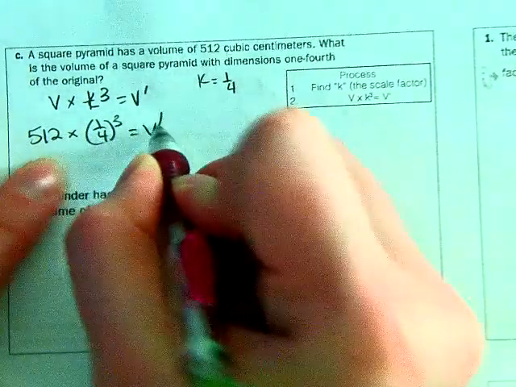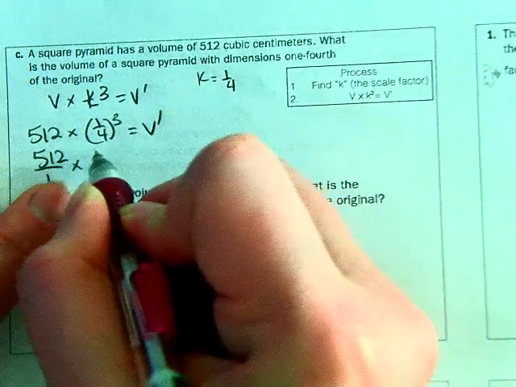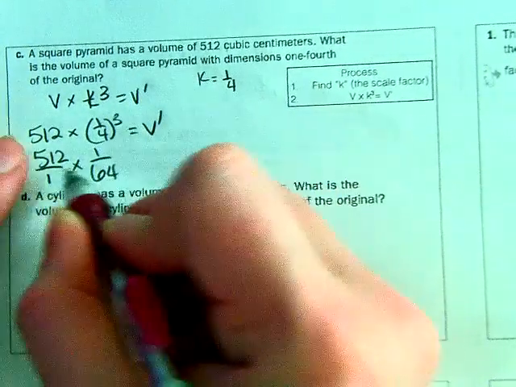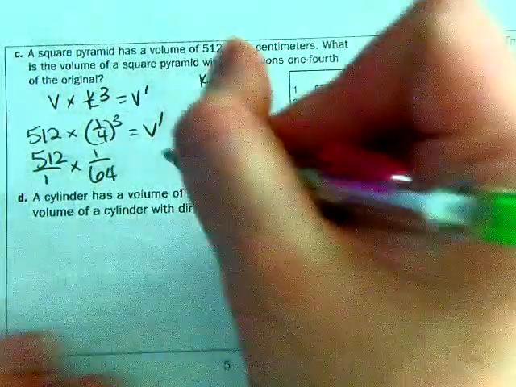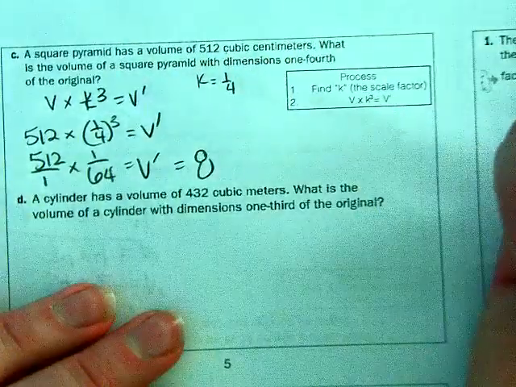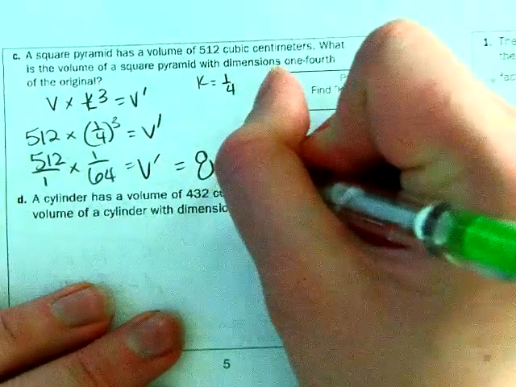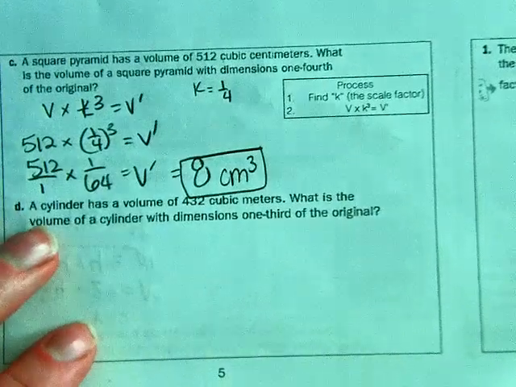That's 512 over 1 times 1 cubed is 1, 4 cubed is 64. So really this is 512 divided by 64, and we get that the new volume is 8, centimeters cubed. A little bit nicer than that last problem.